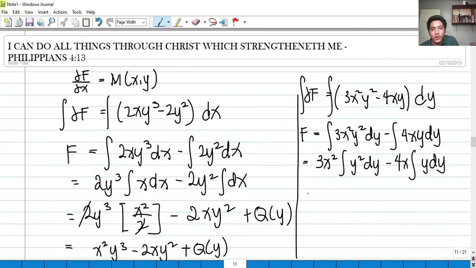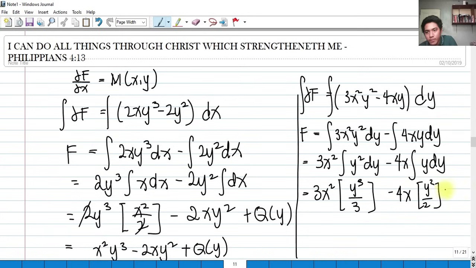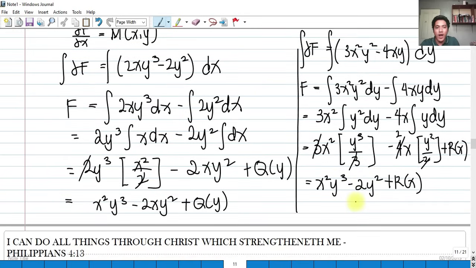Integrating, we have y cubed over 3 minus 4x y squared over 2 plus r of x. So this would cancel, and we have 2 here. So we have x squared y cubed minus 2xy squared plus r of x. So that is our other f.